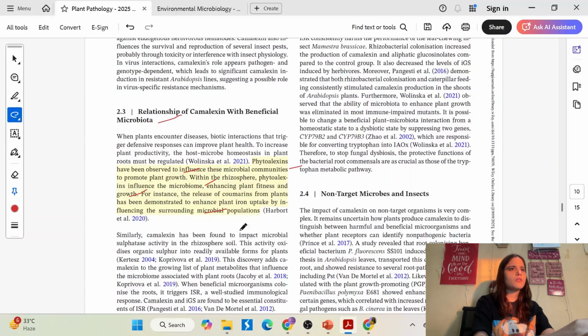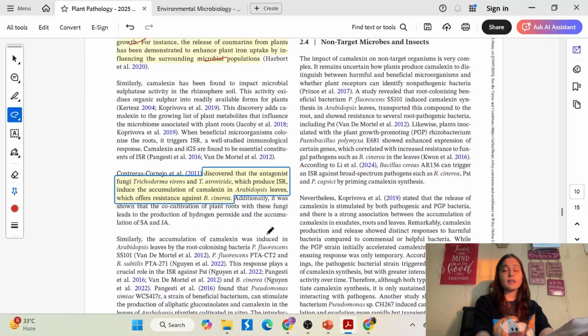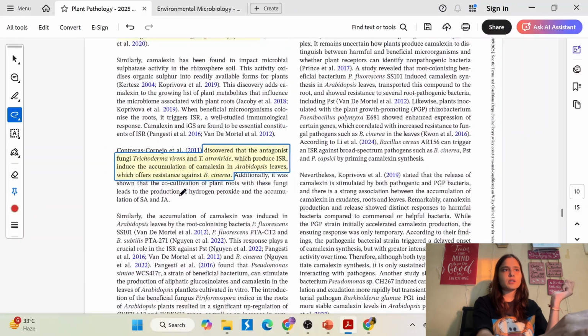Now moving ahead, another example has been stated, for example the fungi Trichoderma virens as well as Trichoderma atroviride. Both are very famous fungi which are very well documented as biocontrol agents or plant growth formulations.